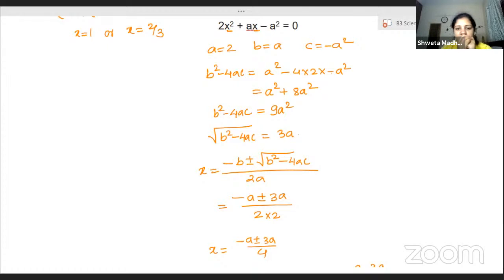Even 9th also you can solve by factorization. 8th also solve by factorization only. 8th by factorization, 9th also by factorization, 10th by formula. 11th factorization, 12th formula. 13th, 14th factorization, 15th formula. 16th formula. No, not formula, middle term splitting for the 16th one.